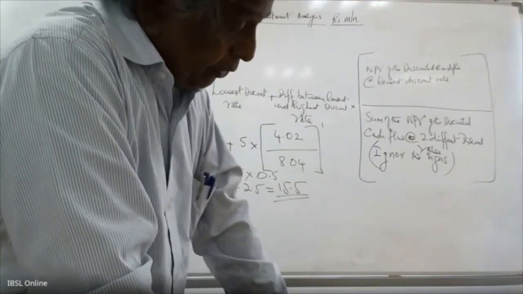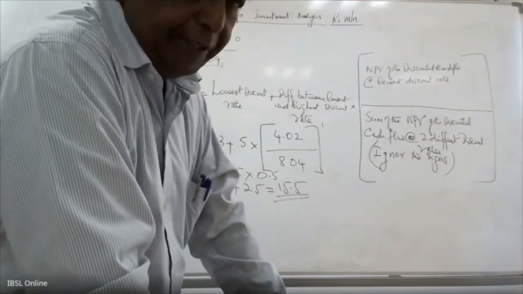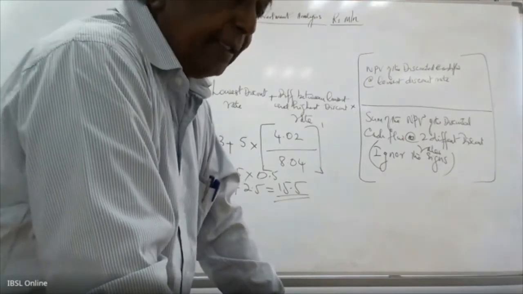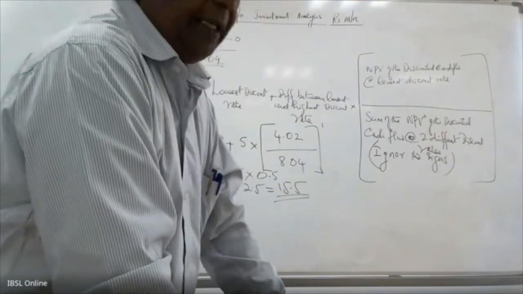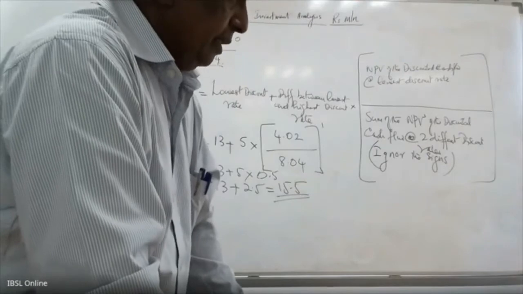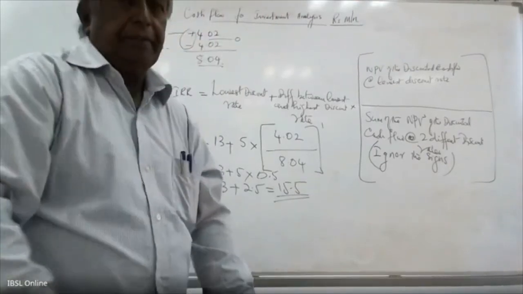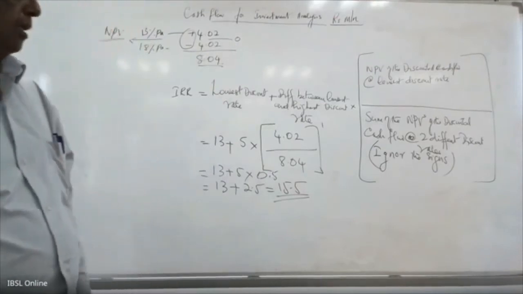If they can borrow below this 15.5 interest rate, then the project is worthy. That is the meaning of internal rate of return. It is a break-even point for borrowing.